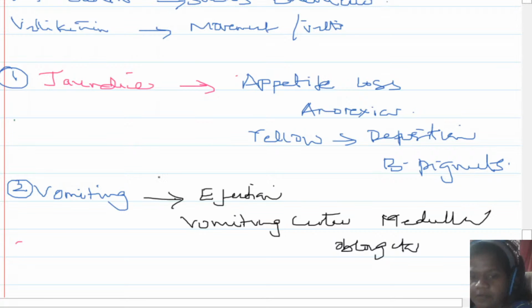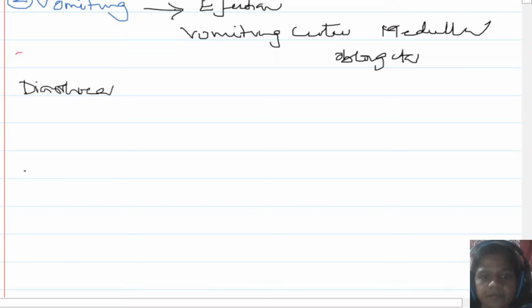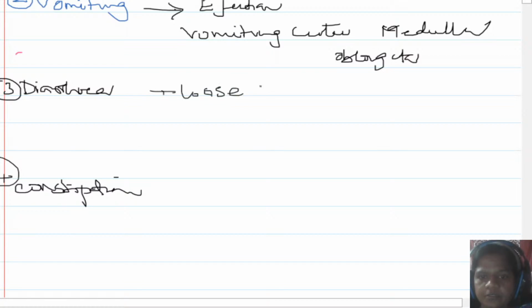The third and the fourth are opposite to each other. That is diarrhea and constipation. These are kind of opposites because these produce loose motions, these produce hard feces.